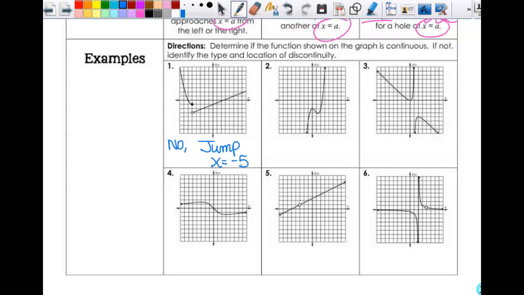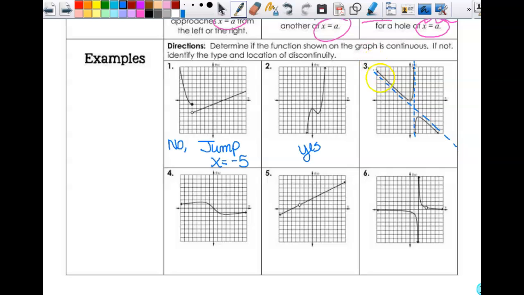All right, look at number 2. Does it look like it's continuous? Yes, because I can trace the whole thing without picking my pencil, so that one's a yes. Number 3, does it look like it has any asymptotes? Yes, it does. There is an asymptote right about here. There's also a slant asymptote but that's completely irrelevant. It's only the vertical asymptotes that affect continuity.